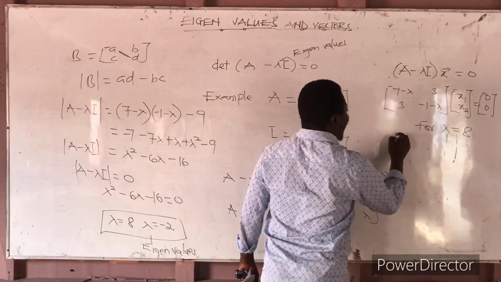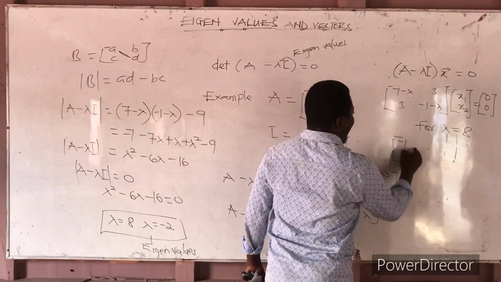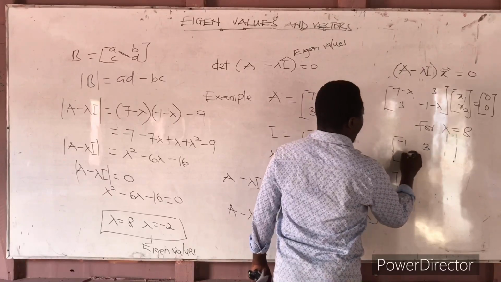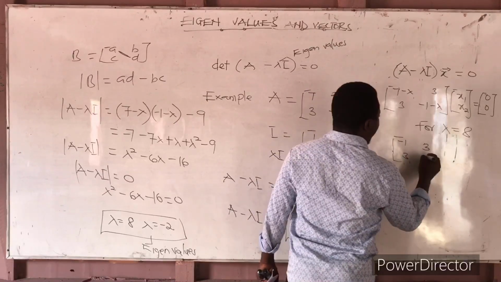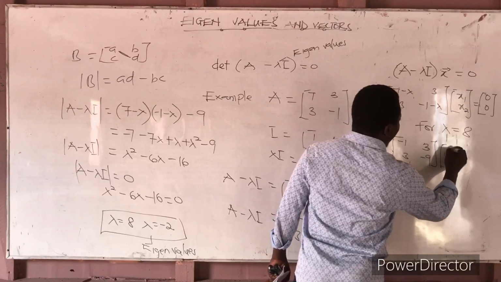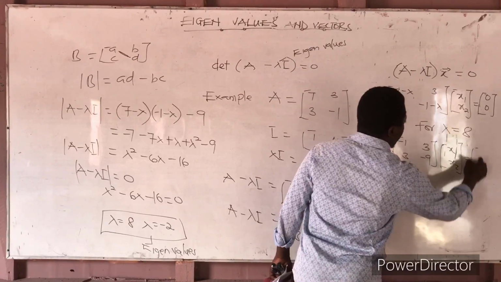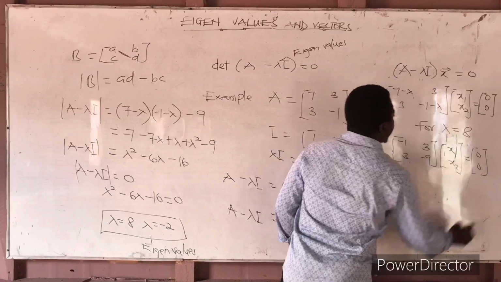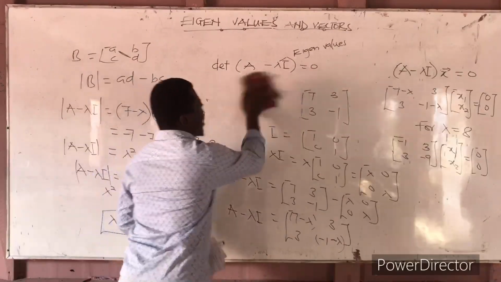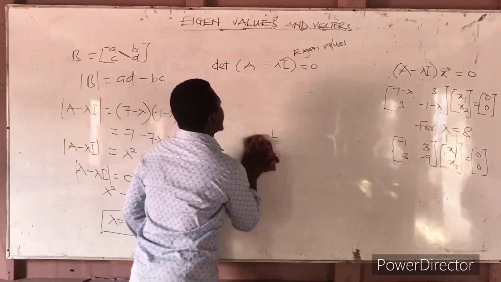You put 8 wherever you see lambda, and you get minus 1, 3, 3, and when you put 8 here, you get minus 9. This is multiplied by x1, x2, and is equal to 0, 0. Let me clean that side, and we will solve through.